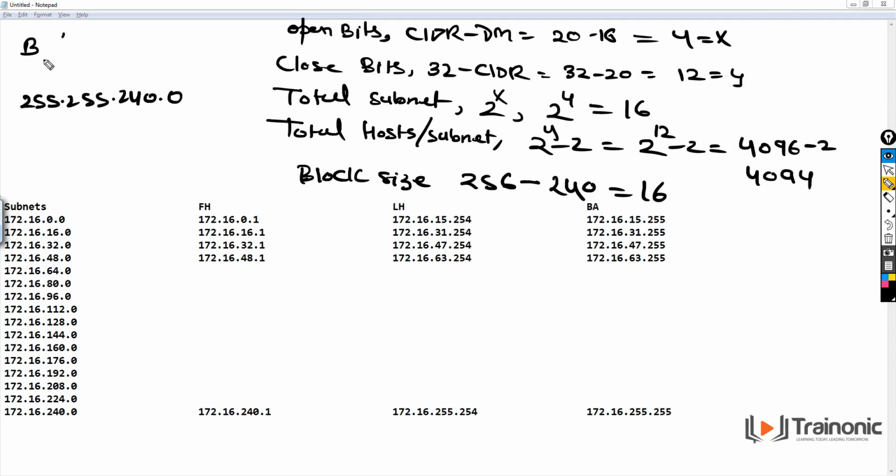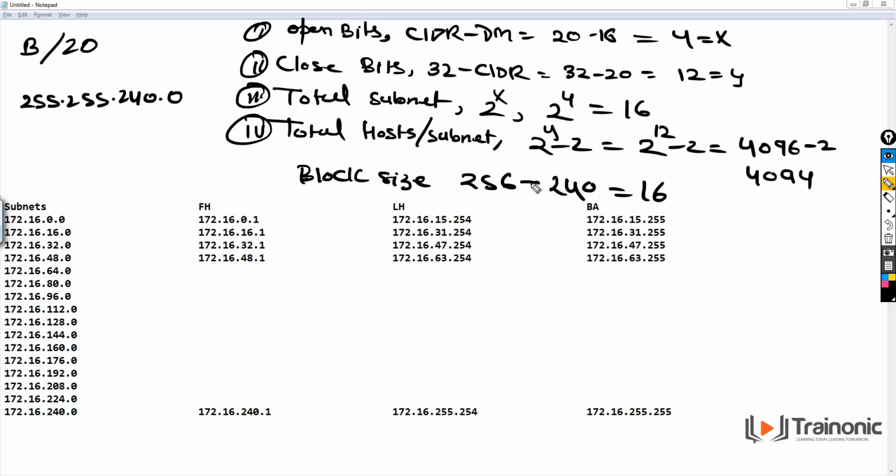Yes, when we are using class B at /20, first of all we have to get open bits. The formula is CIDR minus default mask, 20 minus 16, 4. Close bits, 32 minus CIDR, 32 minus 20, 12 bits. Then total subnets, 2 raised to X value 4, 16. Total hosts per subnet, 2 raised to Y minus 2, 2 raised to 12 minus 2, 4096 minus 2, 4094.